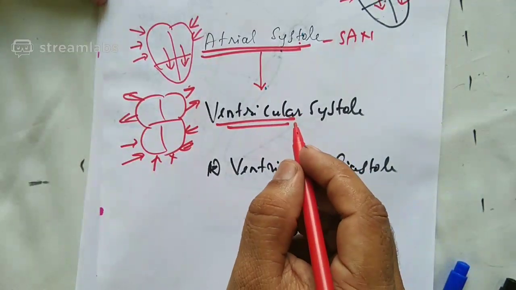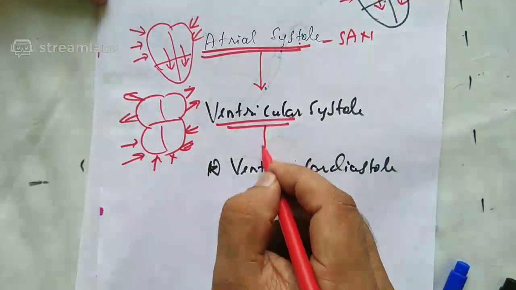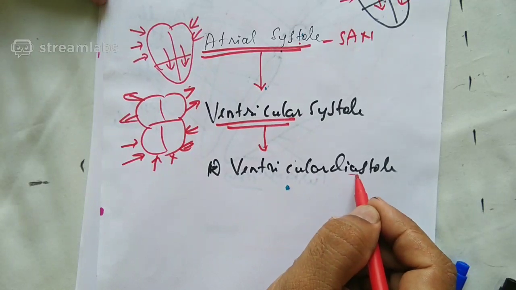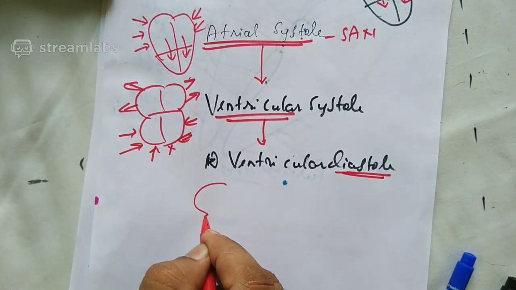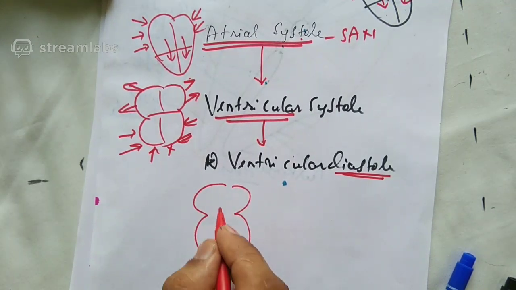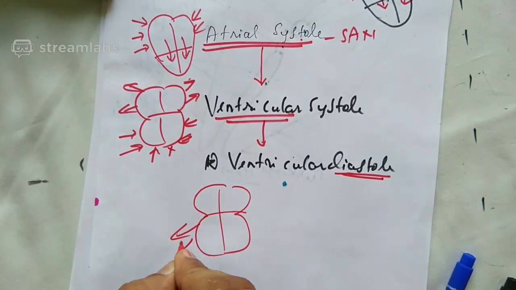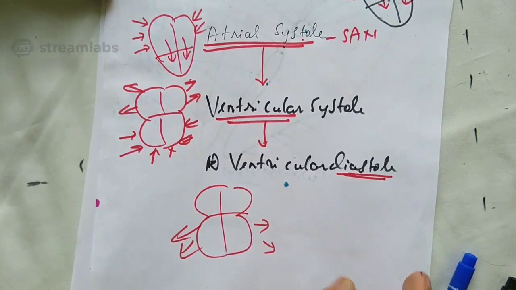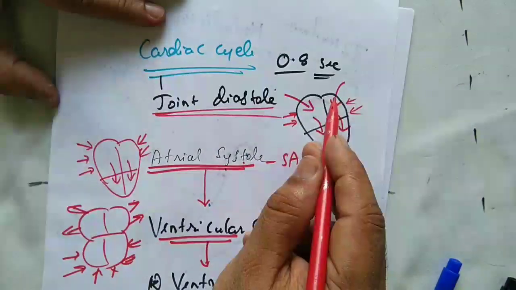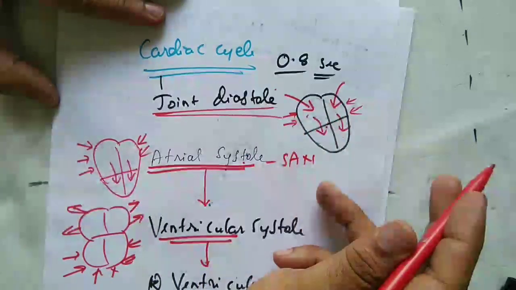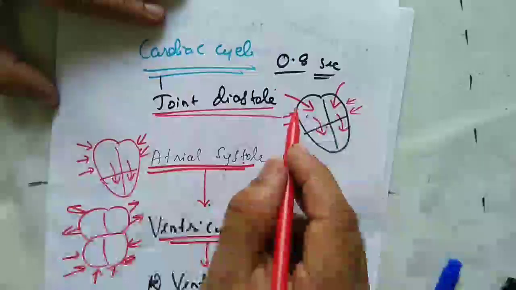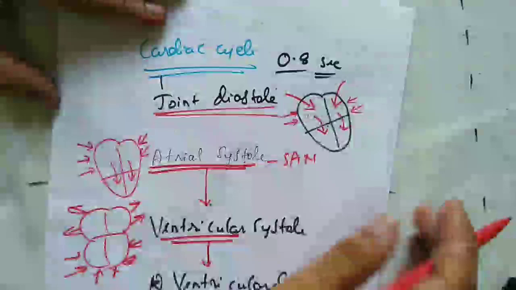And after ventricular systole comes once again ventricular diastole. Diastole means relax. Once again the ventricle, I can write like this, friends. Once again, tell me what? The ventricle is getting relaxed. And the pulmonary vein into the atria to ventricle, all are relaxed. Joint diastole. Why joint? Atria and ventricle both are relaxed.